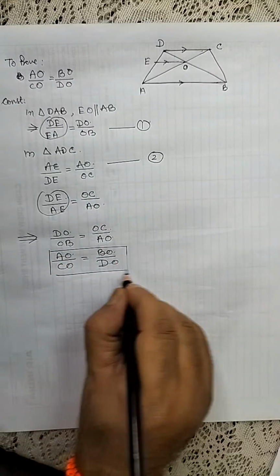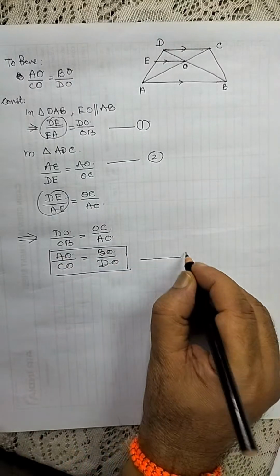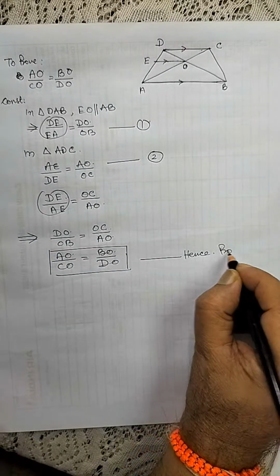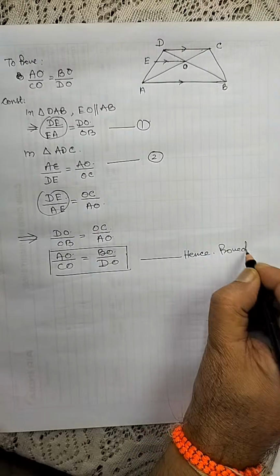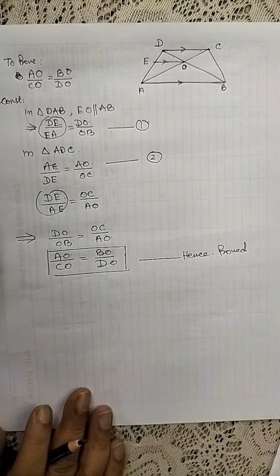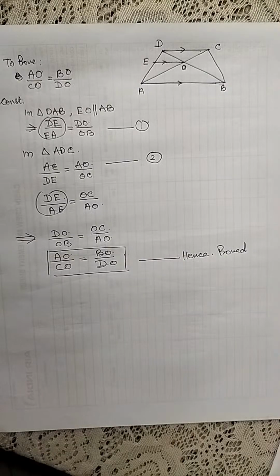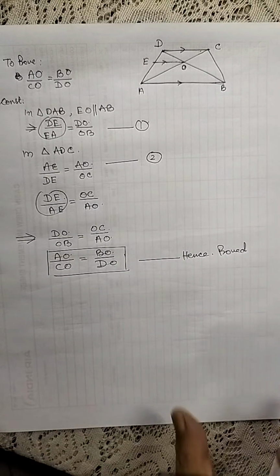Hence, proved. These are not very difficult once you understand. The only thing is that you must present your solution in a very, very systematic manner because every step counts for the marks.